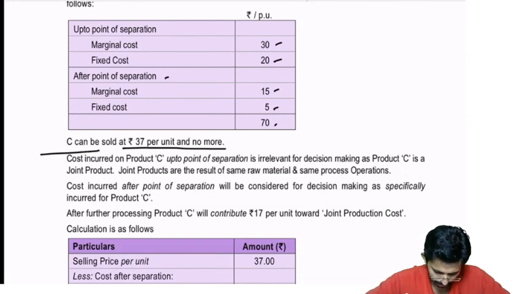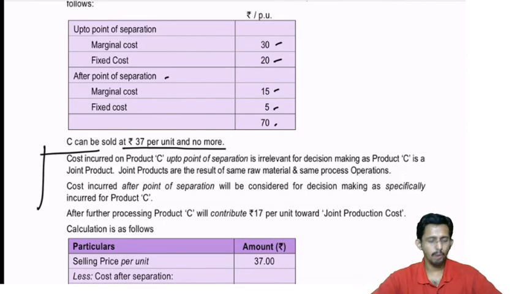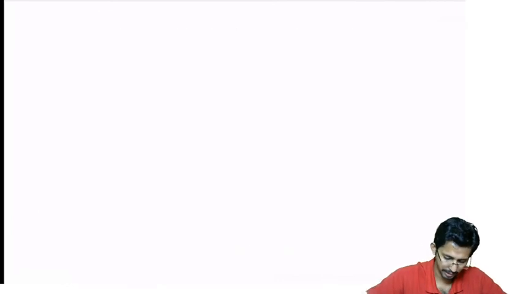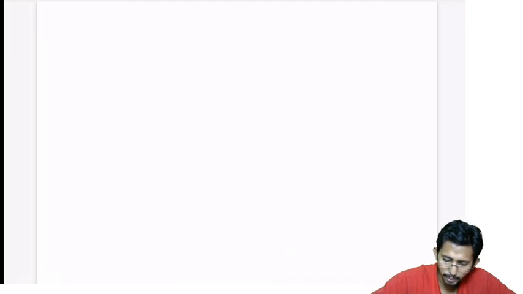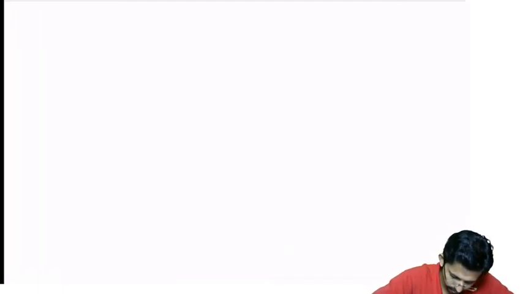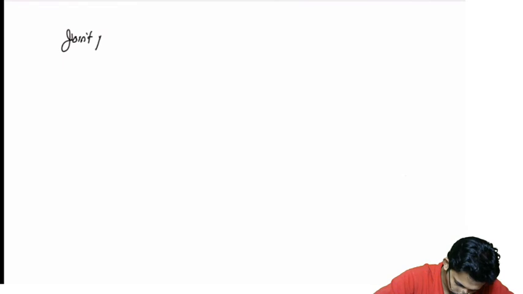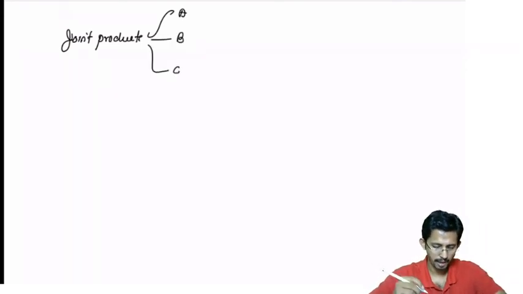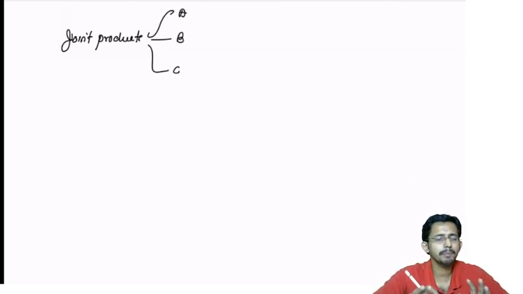So this is the question. Now what is given in the answer? Or I will explain the question first. There are 3 products which are joint products: product A, product B and product C. There is not much information about product A and B, so you can assume that both are marketable and will be marketed in the normal course.